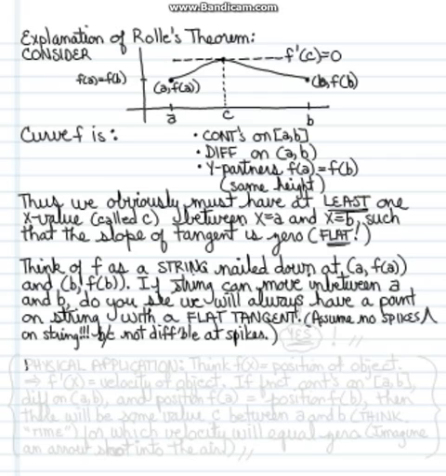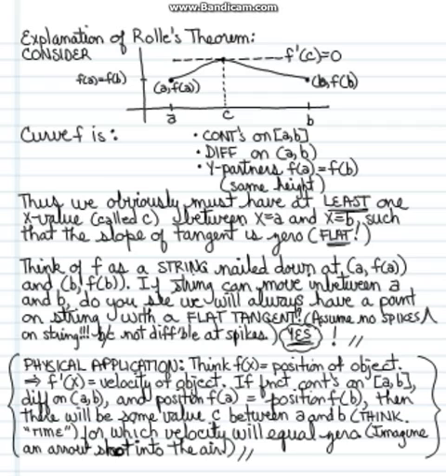We also call that speed when we're not concerned about the direction of the velocity. Okay, so let's think about the physical application. Think of f of x as the position of the object. That means that f prime of x is the velocity of the object.